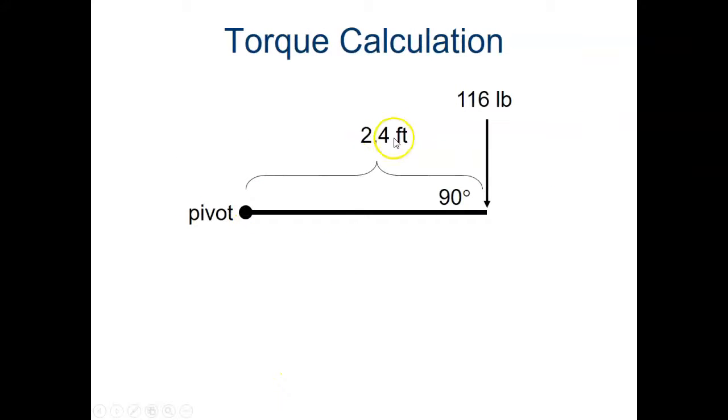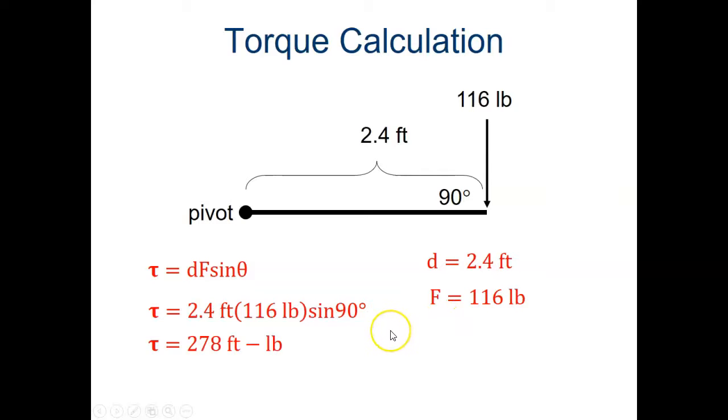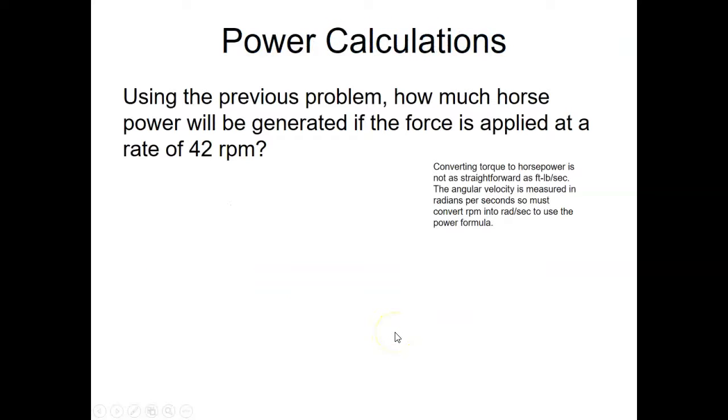Here's the problem: 2.4 feet, 116 pounds of force. The angle is 90 degrees, so we know that's a value of 1, and we can just use our D times F formula. Distance is 2.4, force is 116, which is what I just showed you on the paper. Now it says, using the previous problem, how much horsepower is going to be generated if the force is applied at a rate of 42 RPMs.